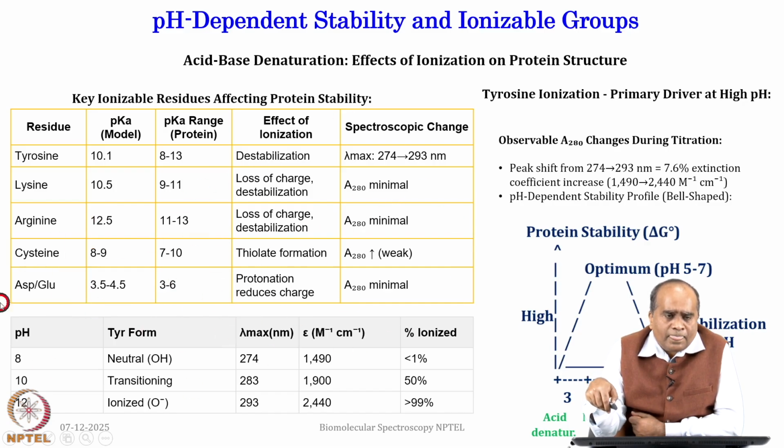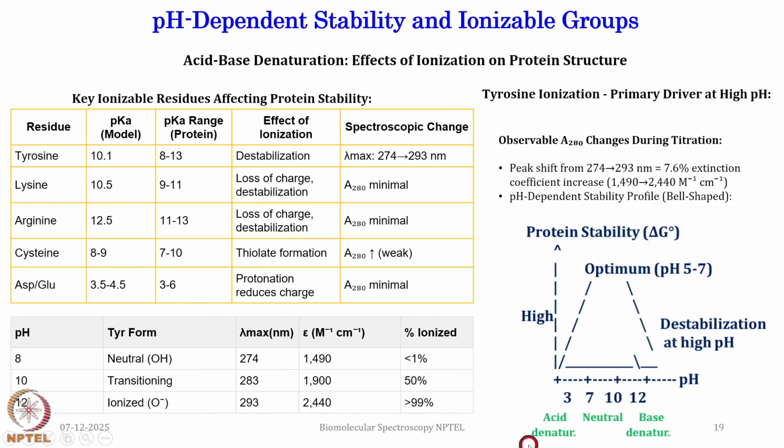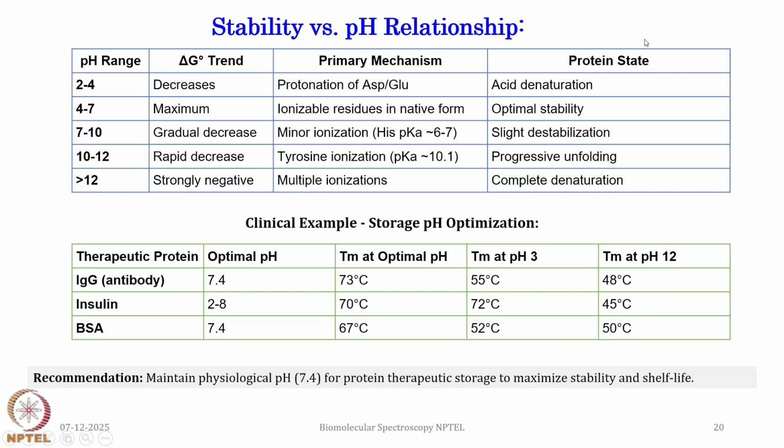So, tyrosine at pH 8 is neutral, at 10 it is transitioning, and at 12 it is ionized, and that is where the lambda max shift happens. One can look at protein stability by doing this pH dependent titration and find out at what pH it is optimally stable. The optimum pH for this will be 5 to 7, and beyond that it destabilizes. So, by looking at the absorption of tyrosine residues, you can find the optimum pH where it can be stabilized.